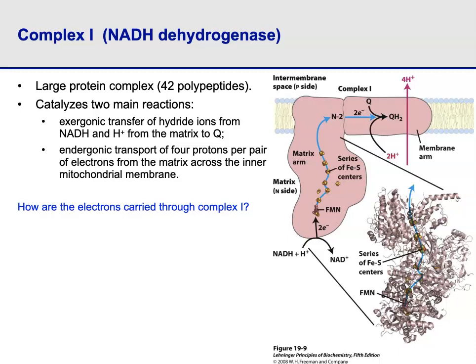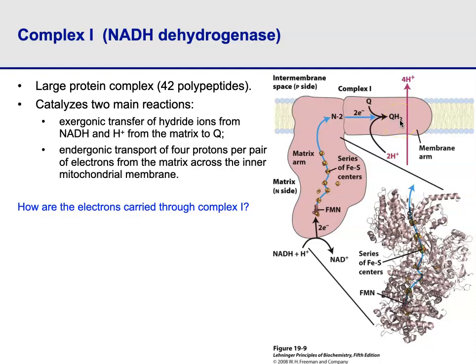Alright, so let's start with complex 1, NADH dehydrogenase. This is a very large complex. If I'm not mistaken, this is the largest of the four. The two main reactions that this complex catalyzes are the transfer of an electron pair from NADH to Q, converting ubiquinone to ubiquinol, or converting Q to QH2.